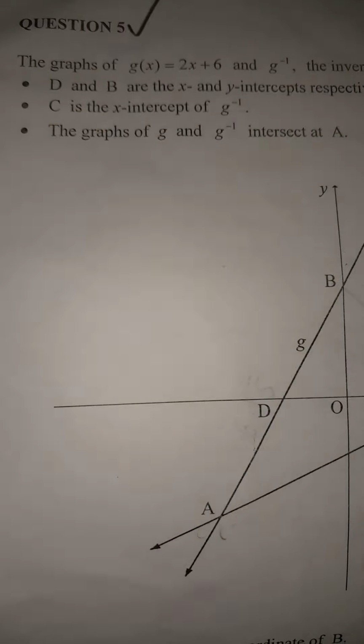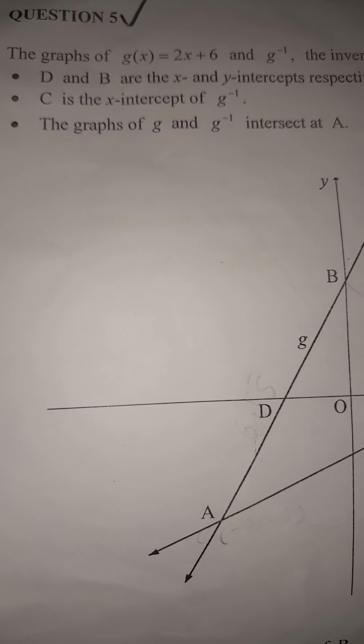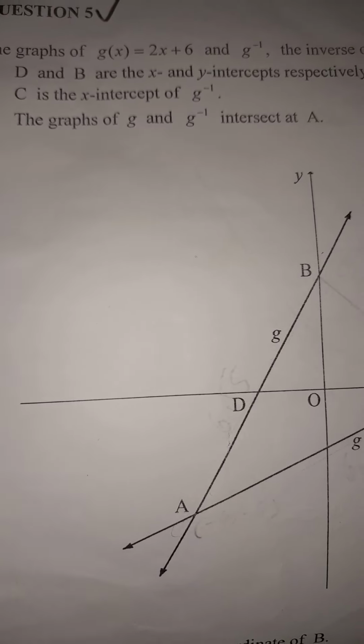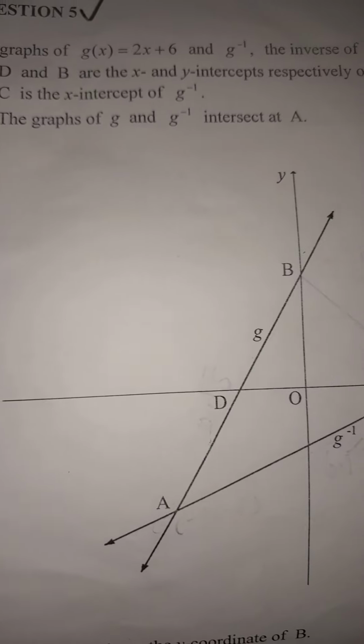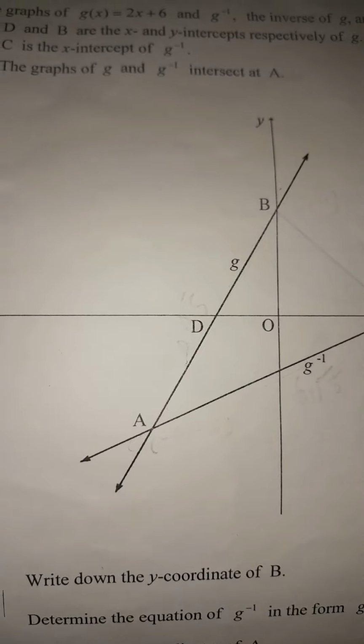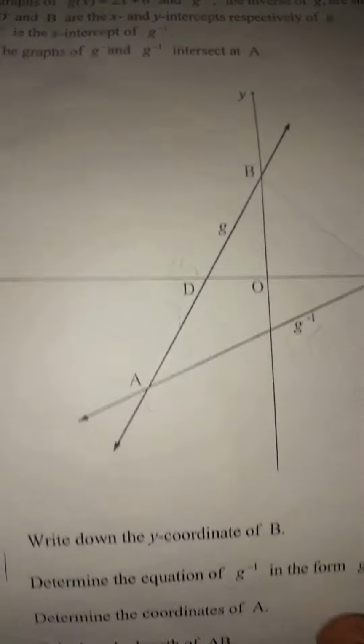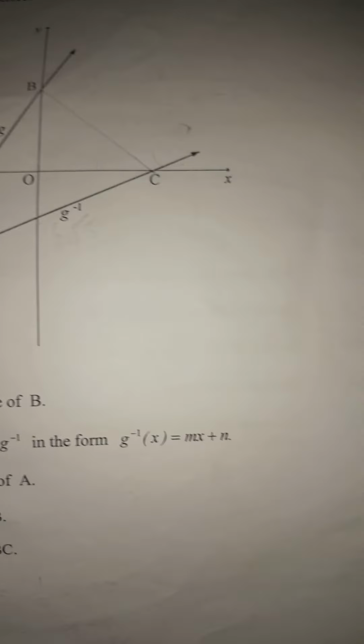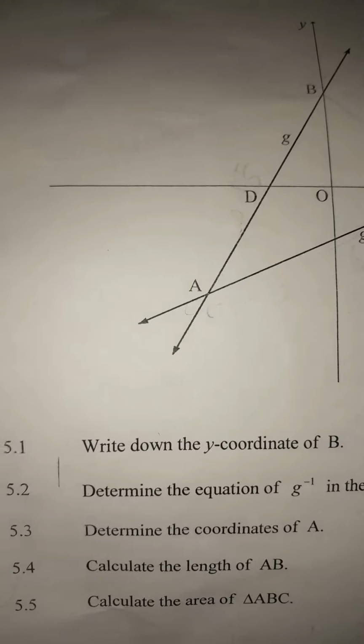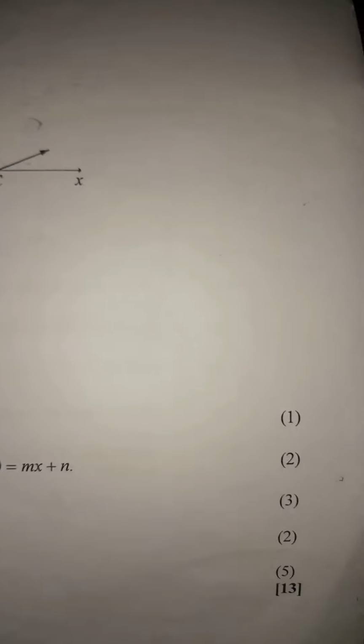We are told that C is the y-intercept of the inverse, and the graphs of g and the inverse intersect at A. So the first question requires us to write down the y-coordinate of B, which is 1 mark.